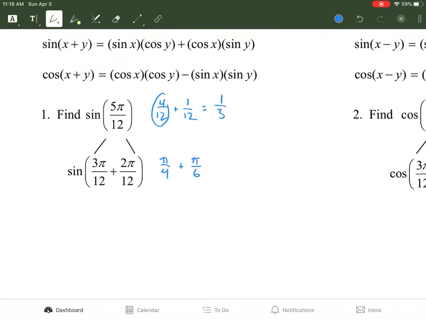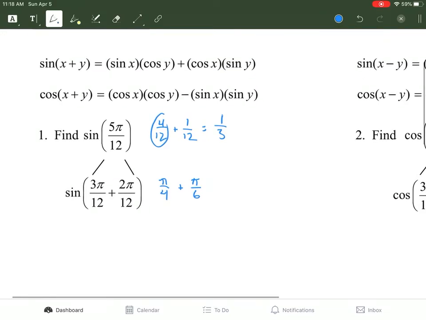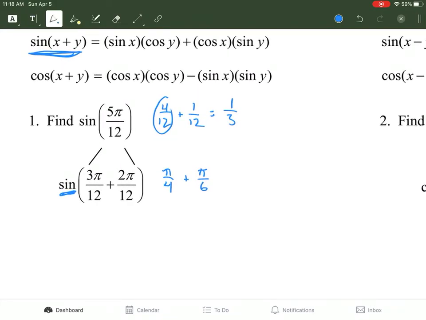Okay, now, because we added them, and we're doing sine, this is going to be the identity that we're going to use. We're going to use the sine, and the one with plus. This is going to be your x term, this is going to be your y term. It really doesn't make a difference, it's just whatever order you did it in.